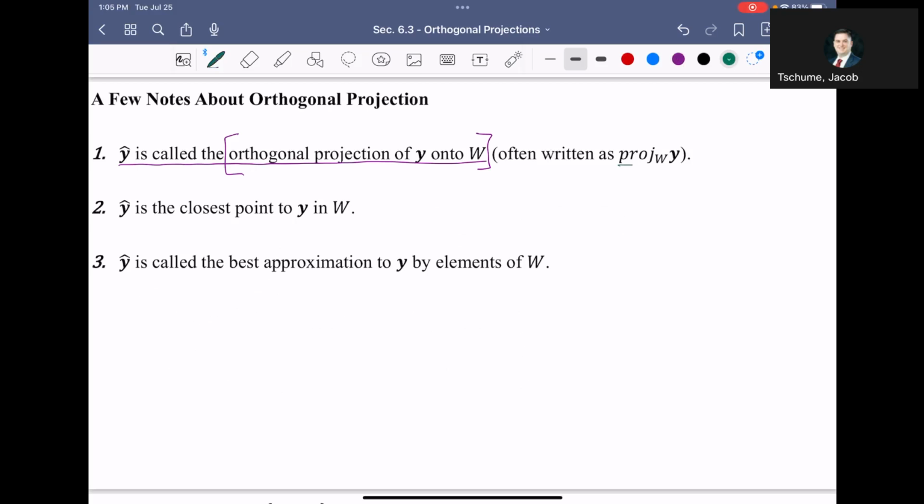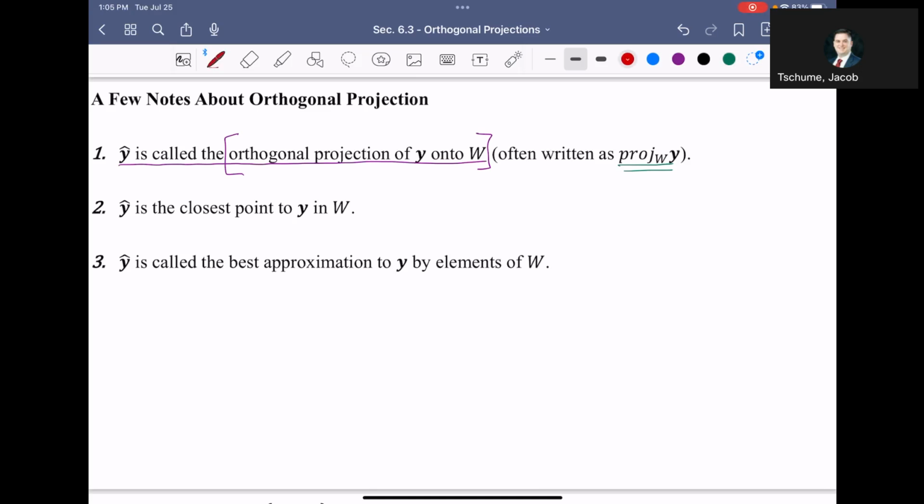We have a notation that we use in that class, proj sub W of y. This is just a shorthand notation for people who like to do orthogonal projection. I'm not going to require that shorthand in this class because we don't do as much of this as you might in a calculus class. But if you're one of those people who likes little shorthand, by all means use it.